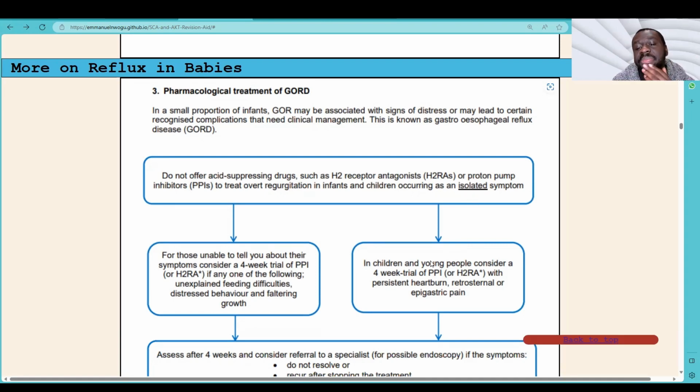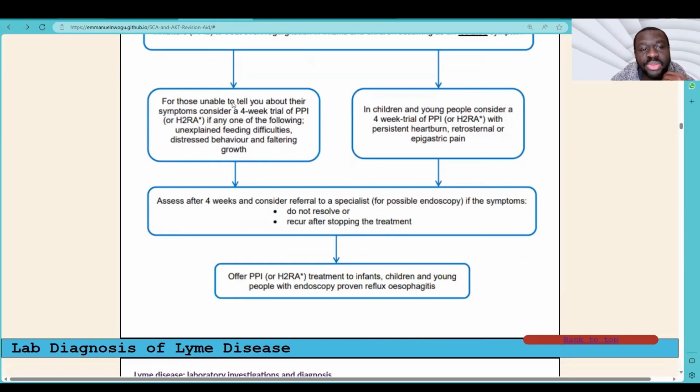Isolated is emphasized. For those unable to tell you about their symptoms, consider a 4-week trial of PPI or H2 receptor antagonists if any of the following: unexplained feeding difficulties, distressed behavior, and faltering growth. Omeprazole, some syrup omeprazole, assess after 4 weeks, and consider referral to a specialist for possible endoscopy.